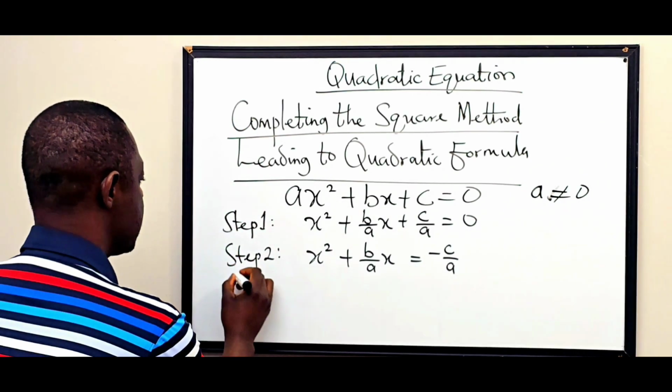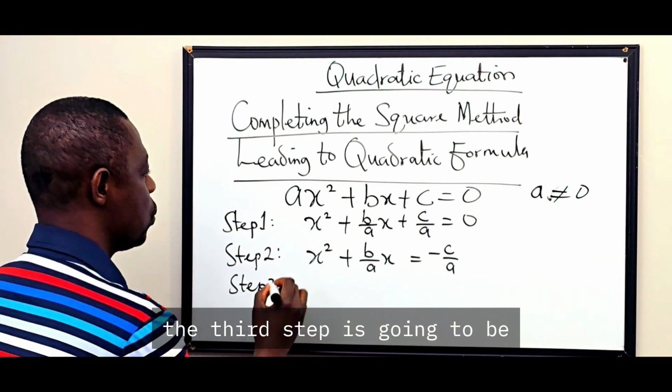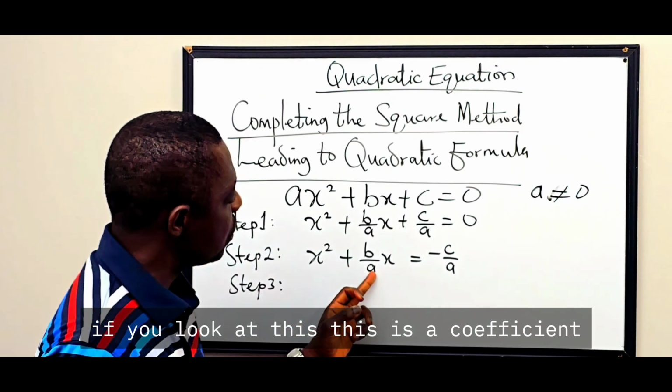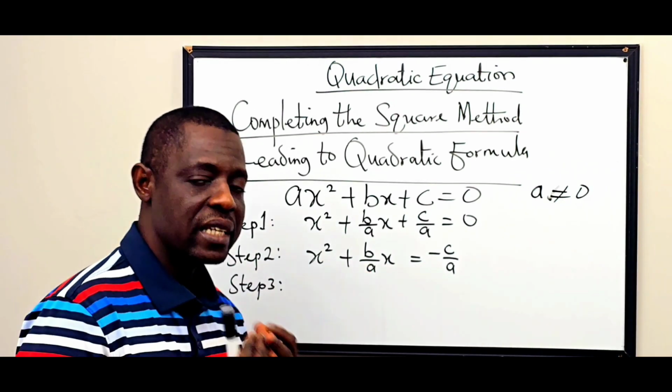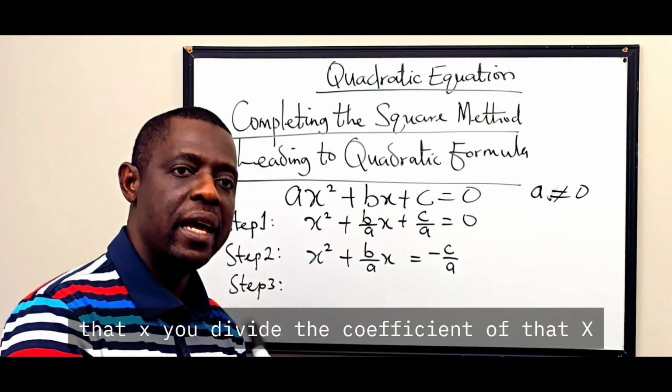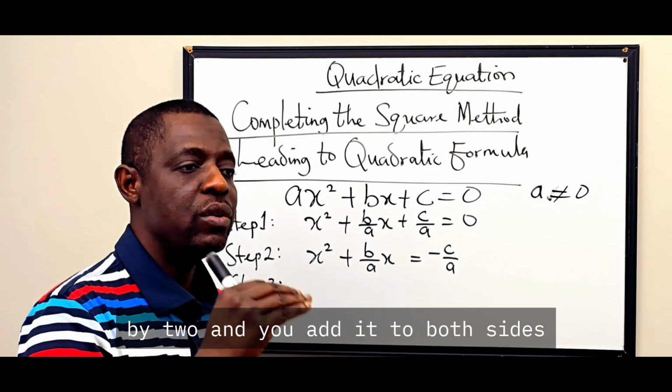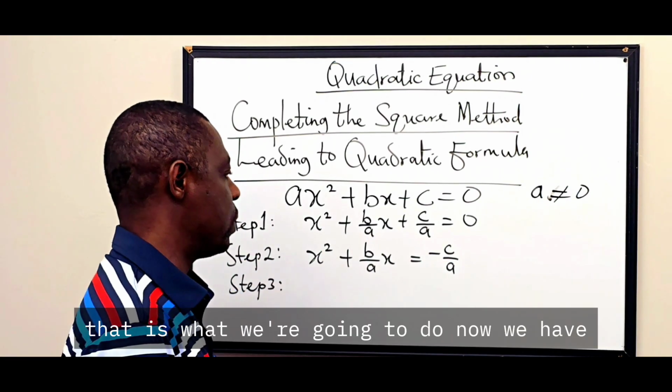Having done that, the third step: look at the coefficient of x. You divide the coefficient of x by 2, square it, and add it to both sides. That is what we're going to do now.